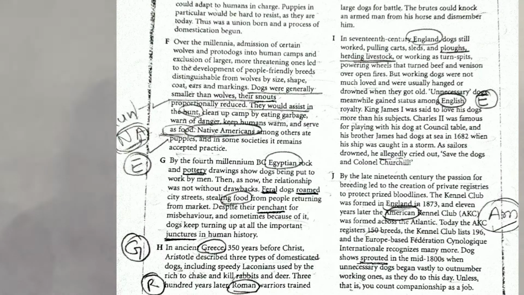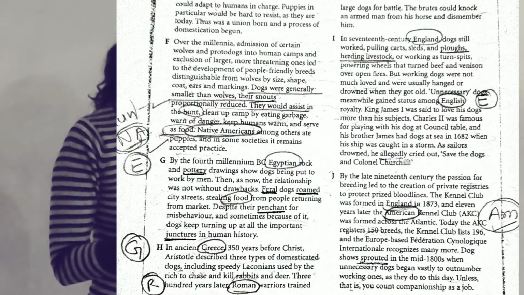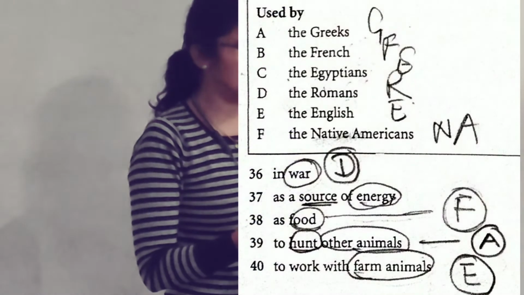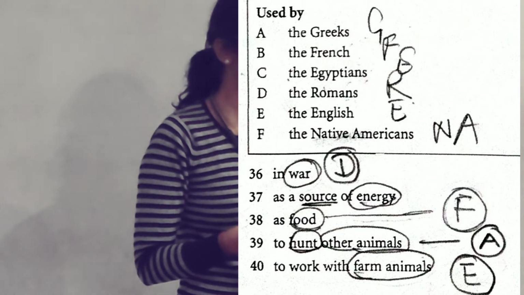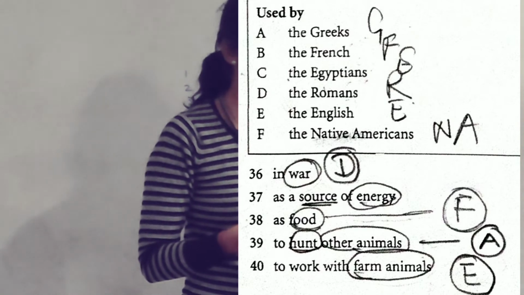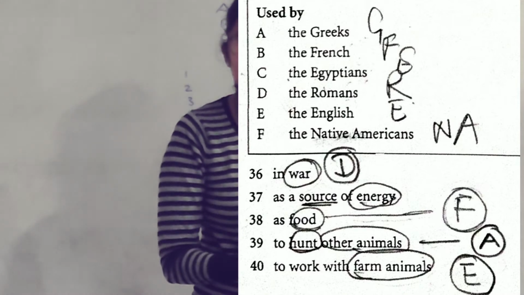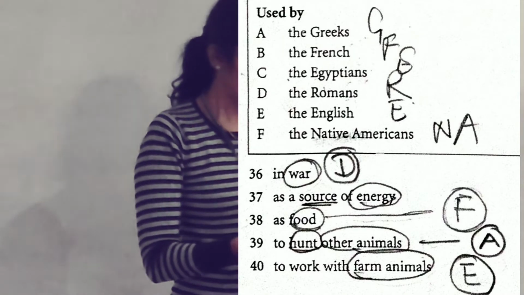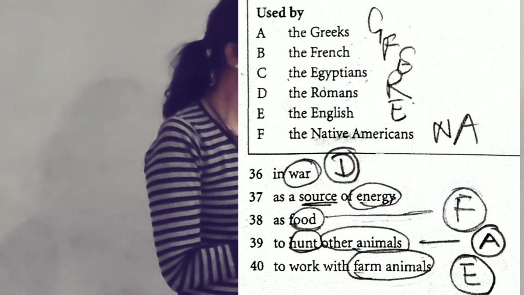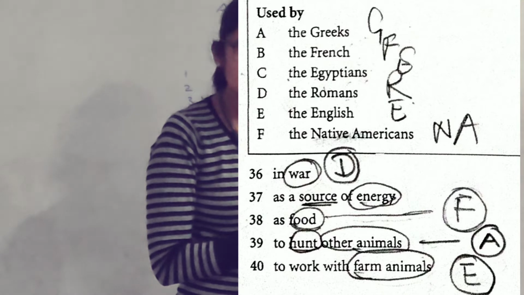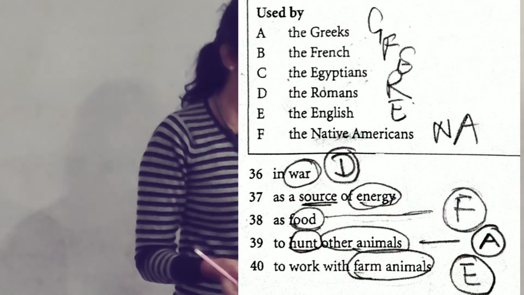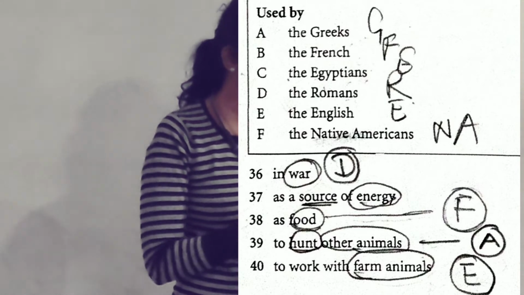Okay, they were saving the dogs. Just understand the passage only. Alright, English is option E. English were using the dogs for livestock. Livestock means in farming, herding livestock, plowing the field. So the answer to the 40th question would be E. Finish? Now last we are left with Europe.